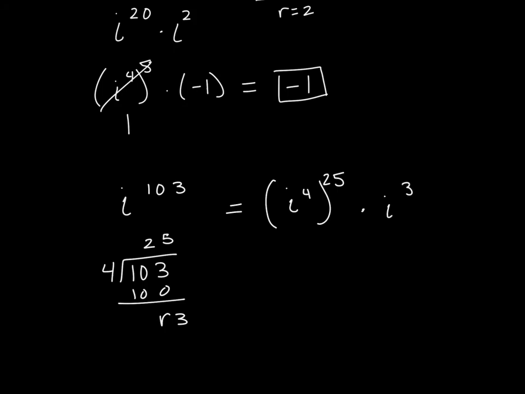Now, just for clarification, this will always be the remainder. I to the 4th, because I'm dividing by 4, that will always be i to the 4th. That will never change.